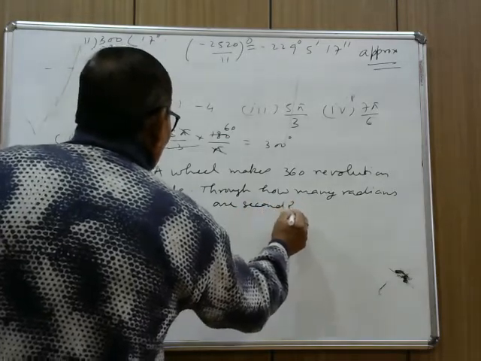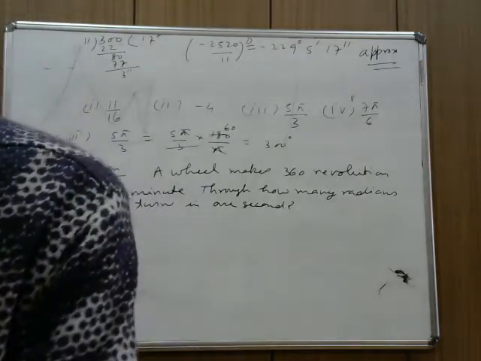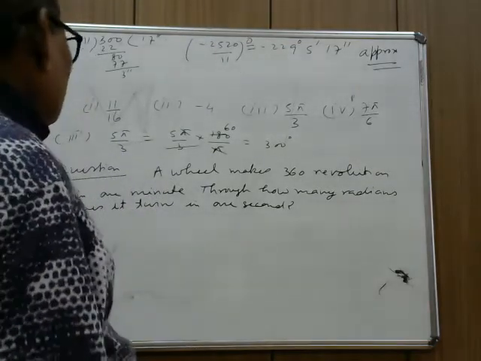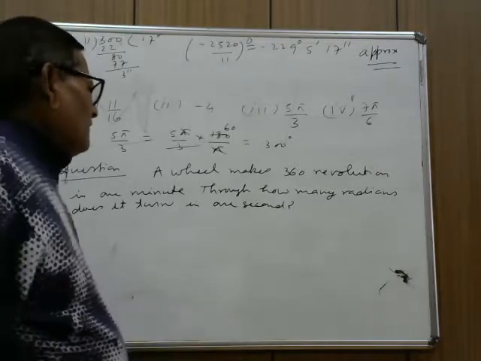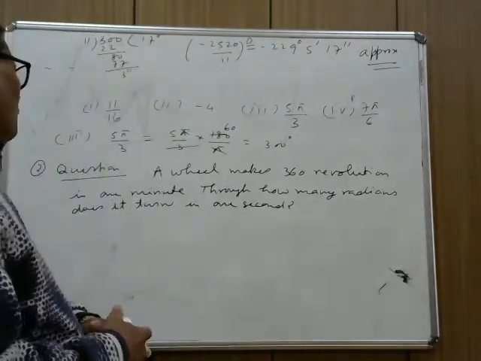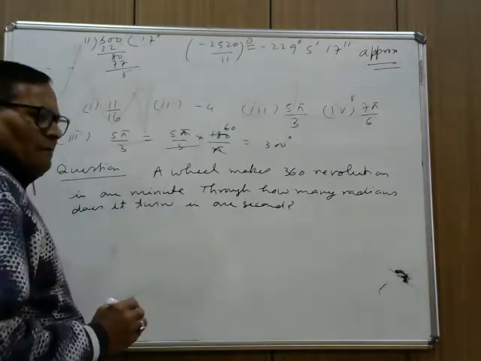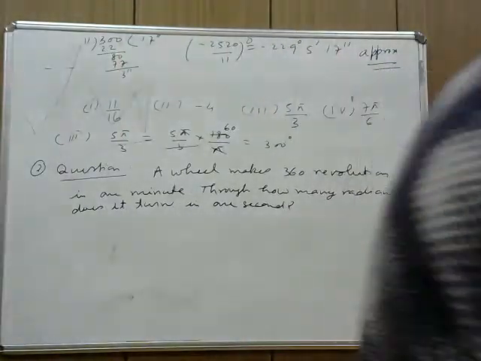Now you see that your question asks how many turns that wheel makes in 1 second. That wheel is making 360 revolutions in 1 minute. Your 1 minute is equal to 60 seconds.